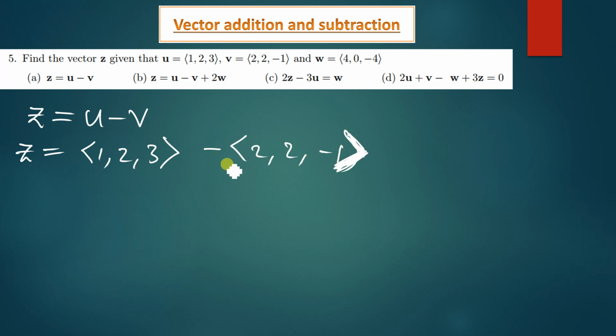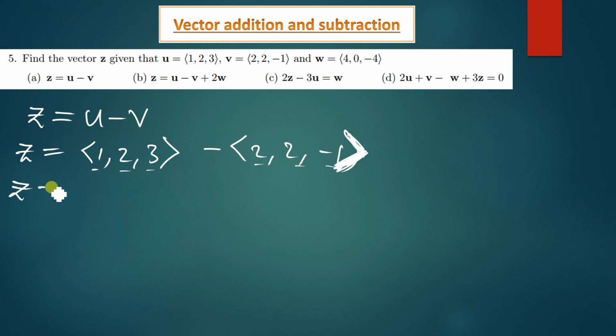One thing you have to understand about addition and subtraction of vectors is that when you are adding or subtracting vectors, you simply add and subtract corresponding components. So we have the x, y, and z components.